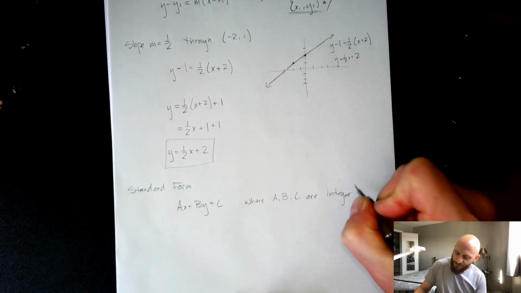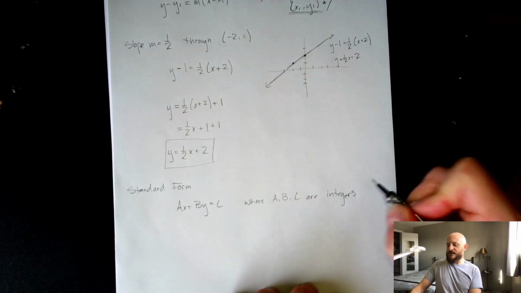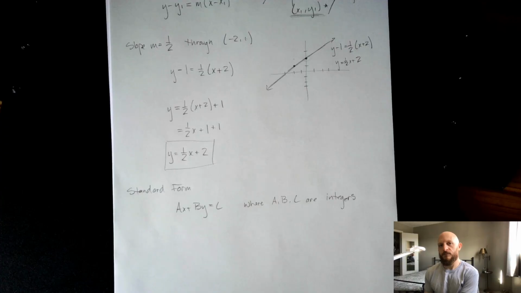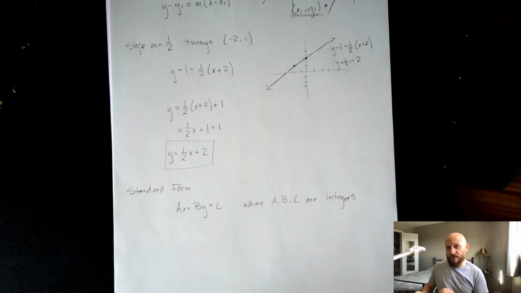What's an integer? Well, an integer is any whole number, positive or negative. So, in standard form, A, B, and C must specifically be integers.